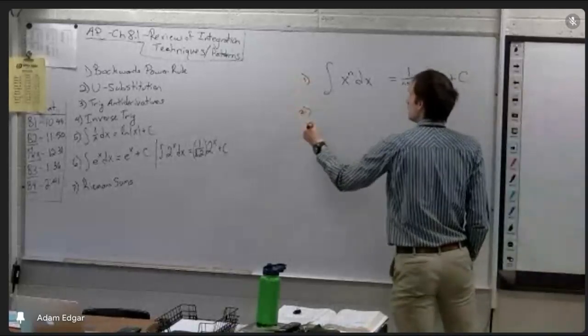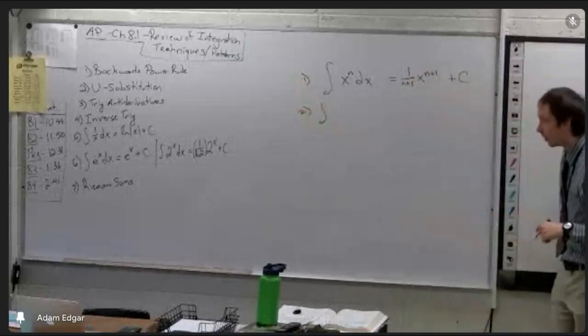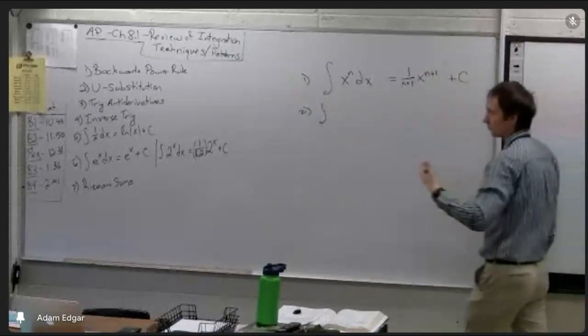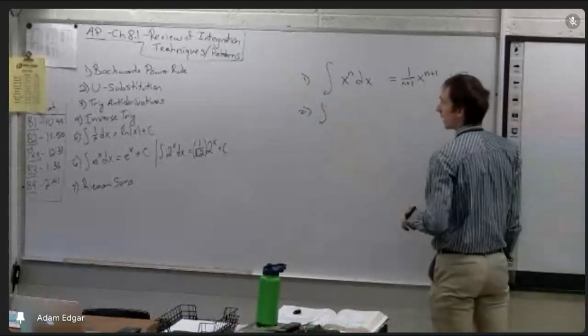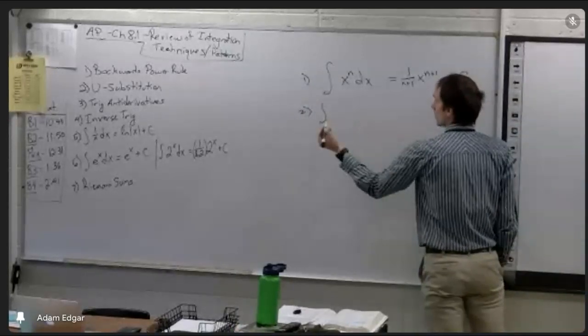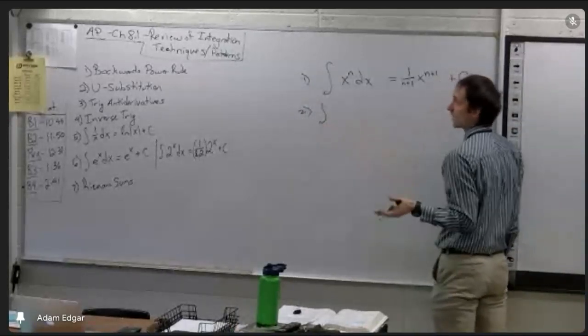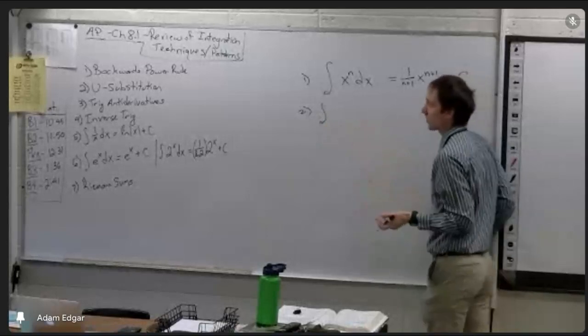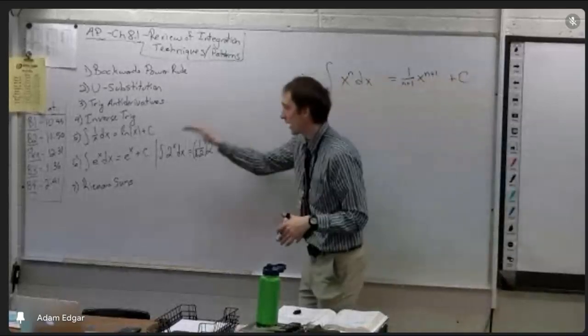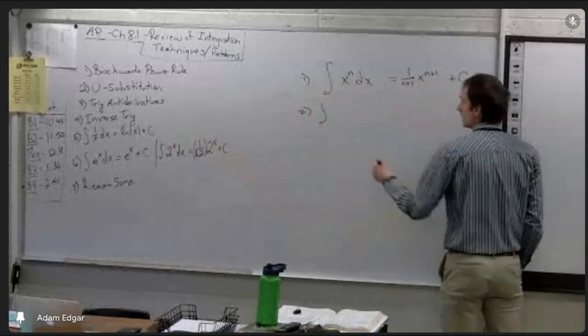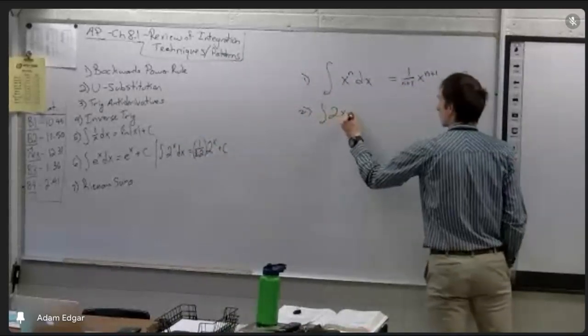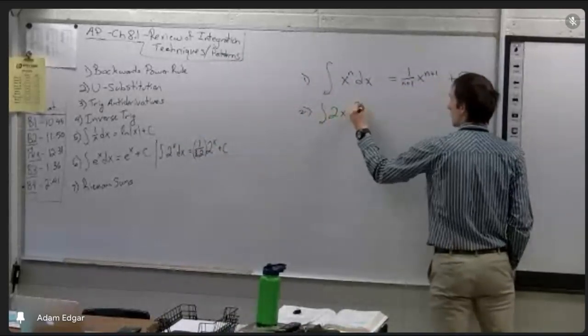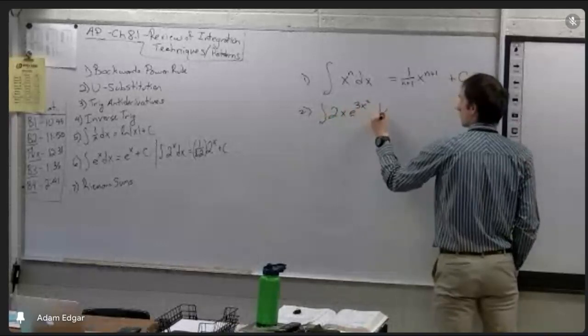U substitutions, it's been a while since we did those, so we're going to see all these other things coming back. A U substitution can show up in a lot of different ways, but for example, let's combine a U substitution with an exponential function integration. Say you have 2x e to the 3x squared dx.